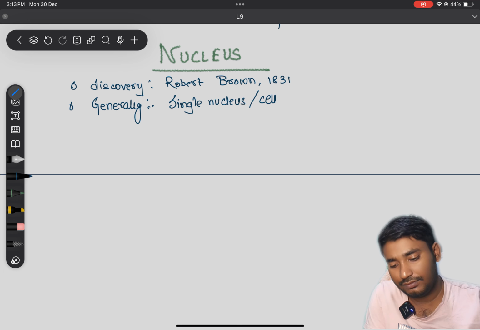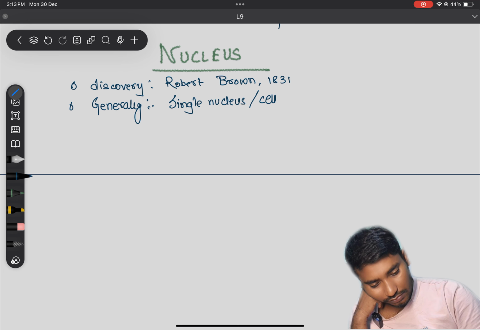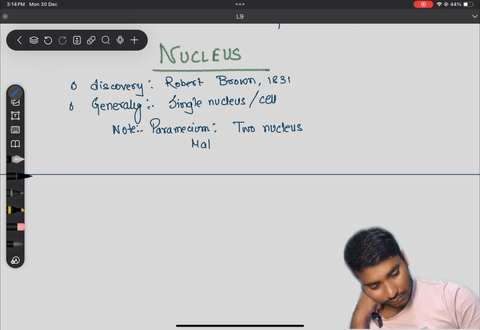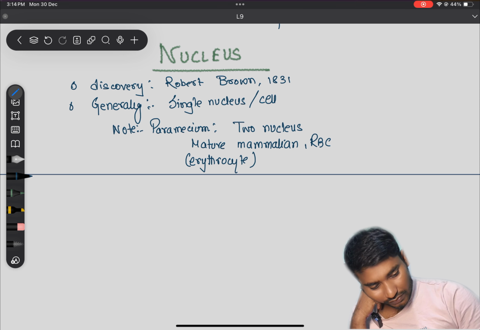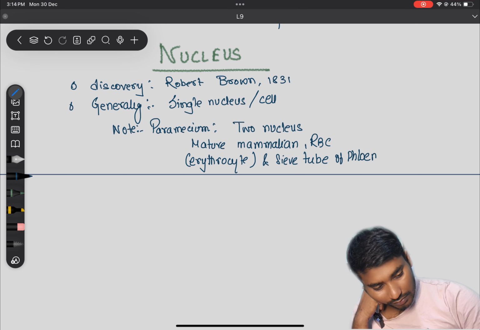Note: Paramecium has two nuclei. In mature mammalian RBC, erythrocyte, and sieve tube of phloem, the nucleus is absent.